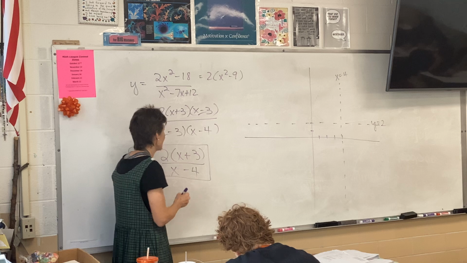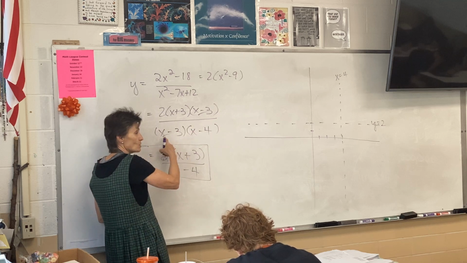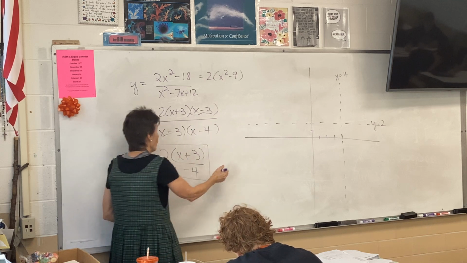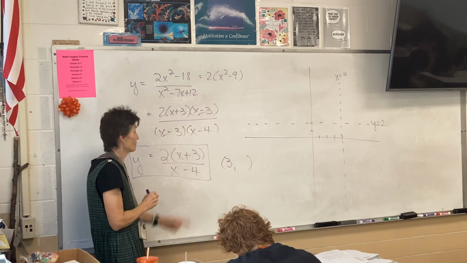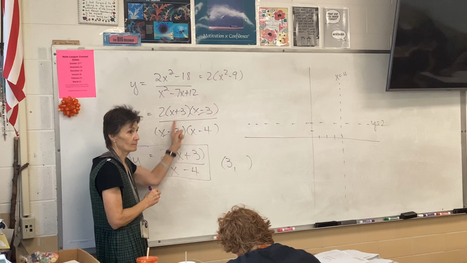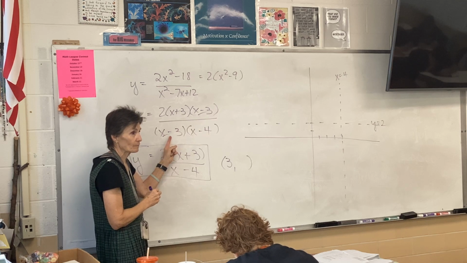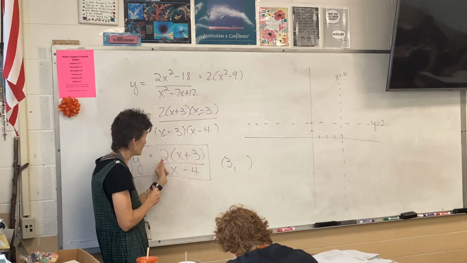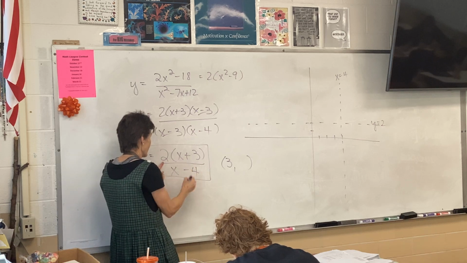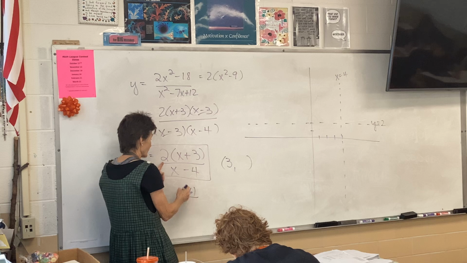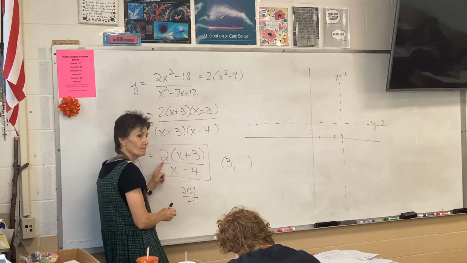A hole. Definitely we're going to have a hole because we canceled. And the hole will be where x is 3, right? Everybody see that? 3? And then I'm going to take that 3 and plug it back in. So what am I going to get? 2 times 6 over -1.